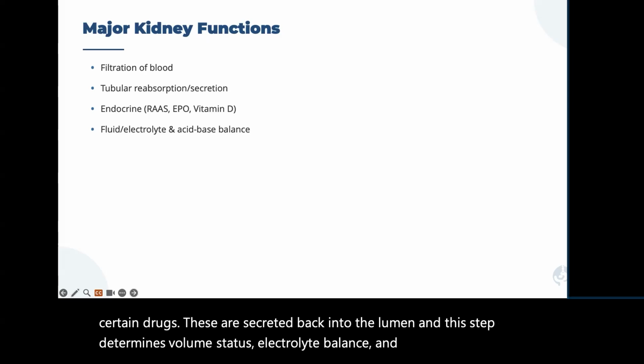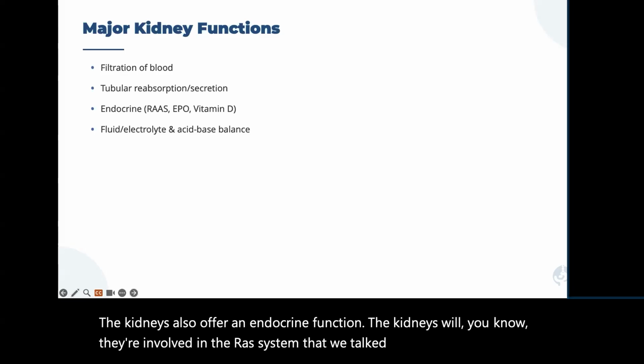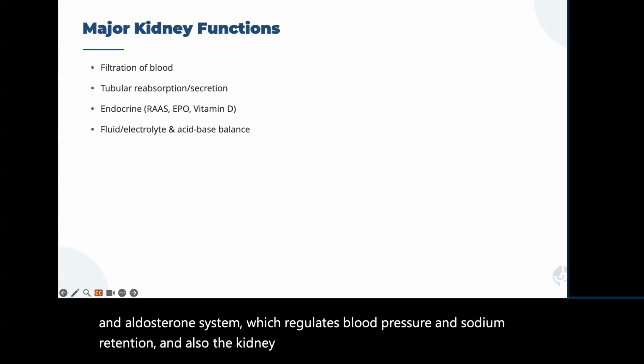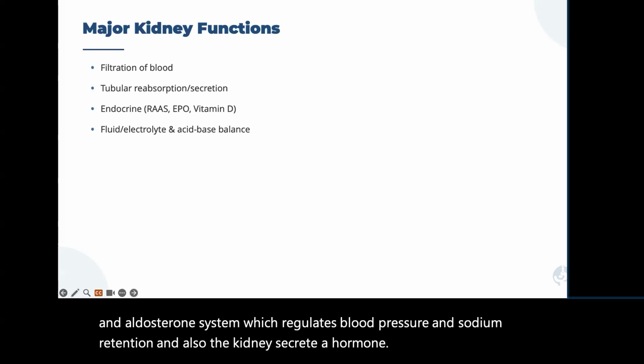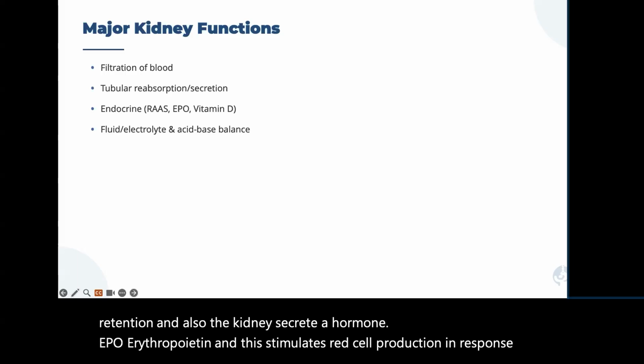and acid-base control. The kidneys also offer an endocrine function. They're involved in the RAS system that we talked about last time, the renin-aldosterone system, which regulates blood pressure and sodium retention. And the kidneys also secrete a hormone, EPO, erythropoietin, which stimulates red cell production in response to renal hypoxia.